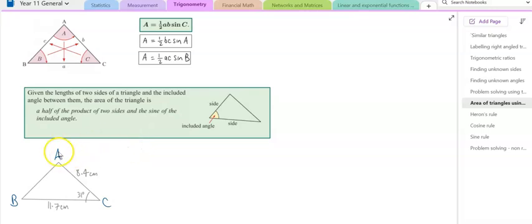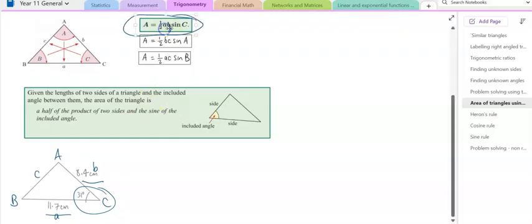So down here would be lowercase a, across here would be lowercase b, and finally length lowercase c over here. Now, I have length b and length a given to me, and I know angle c. So I'm going to use this variation here, which has lengths A, B, and angle C in it.